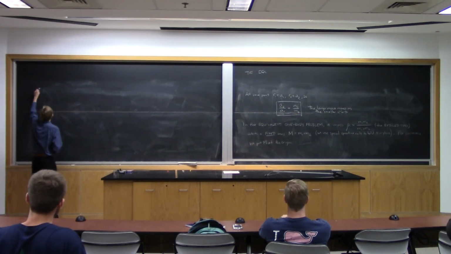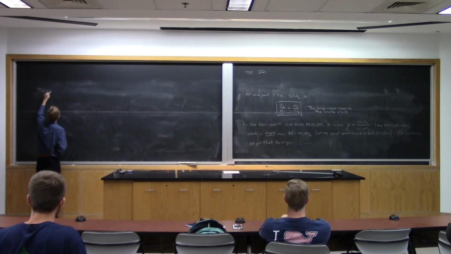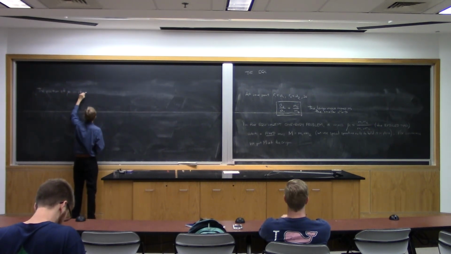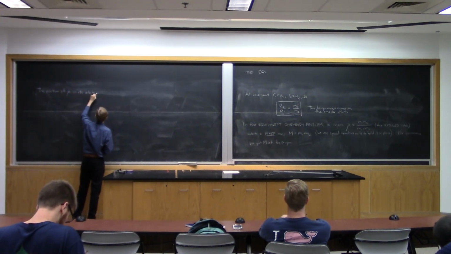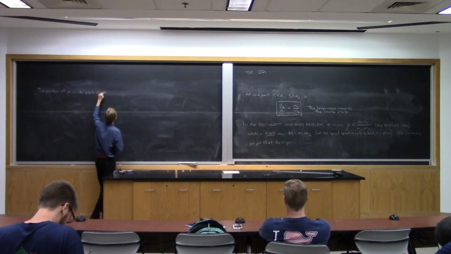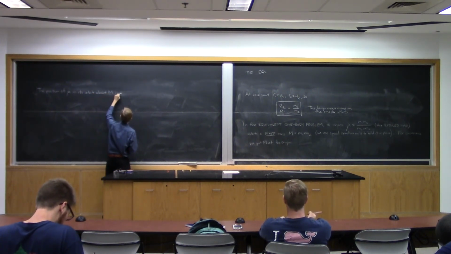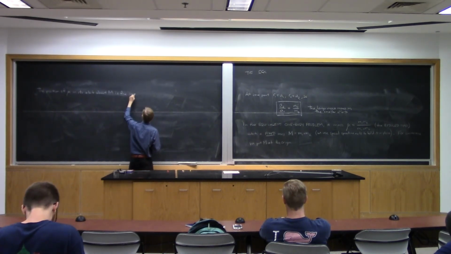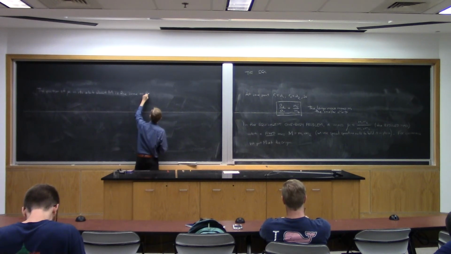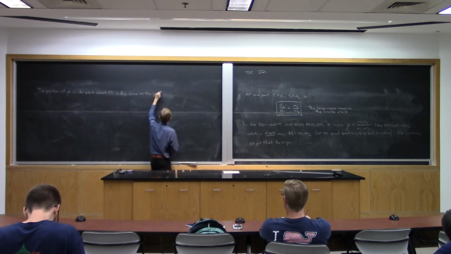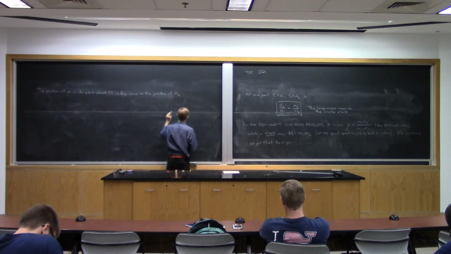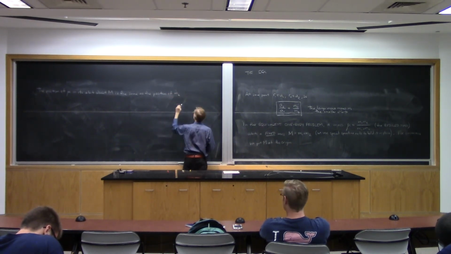So the position of mu in its orbit about M is the same as the position of m2 relative to m1.